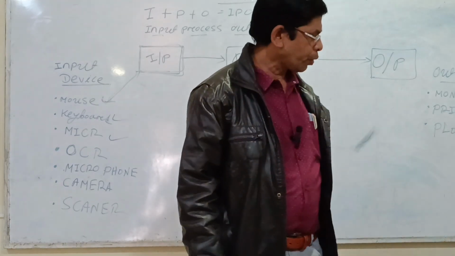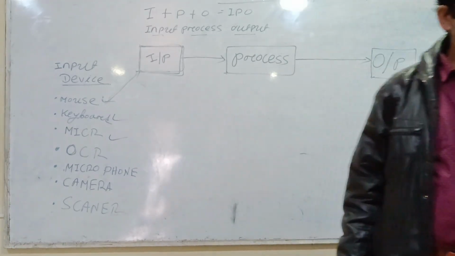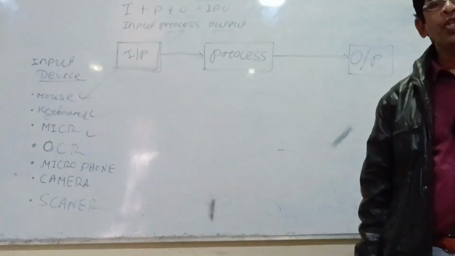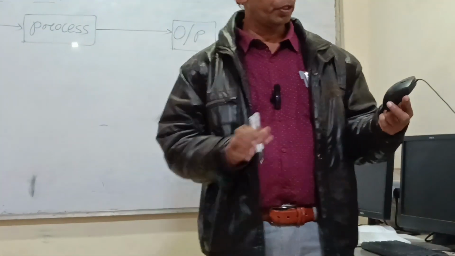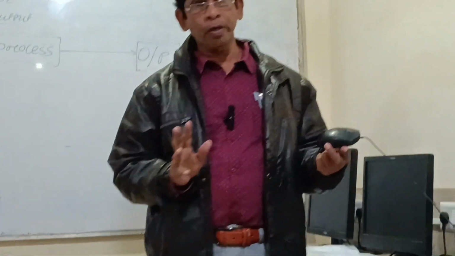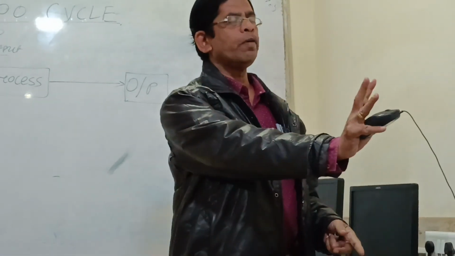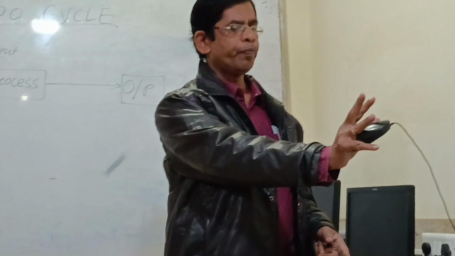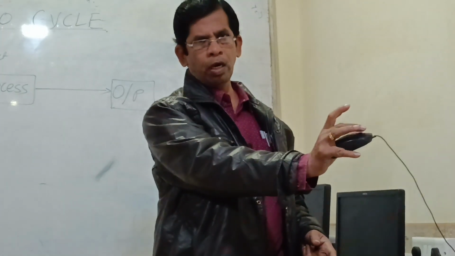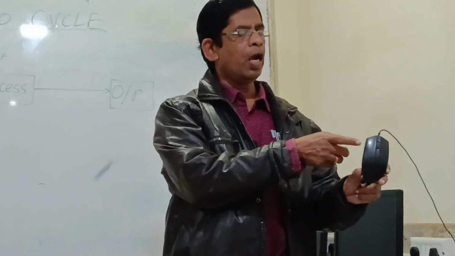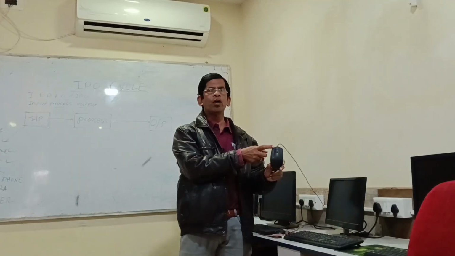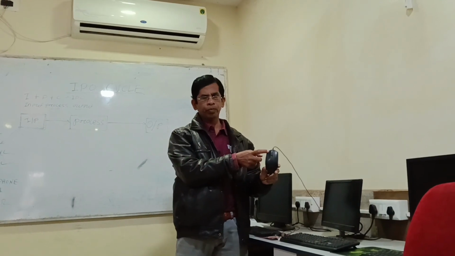A mouse has three buttons. When you want to operate the mouse, there is the left button, the right button and the middle button. The left button is used to select or open any file.